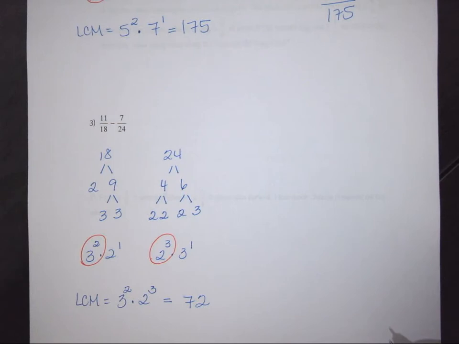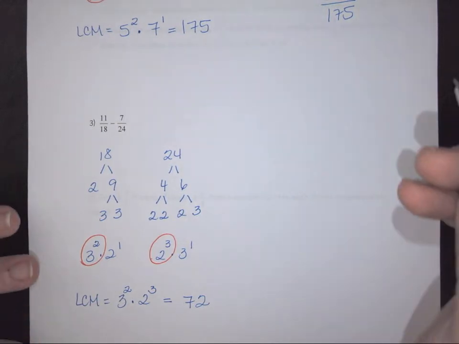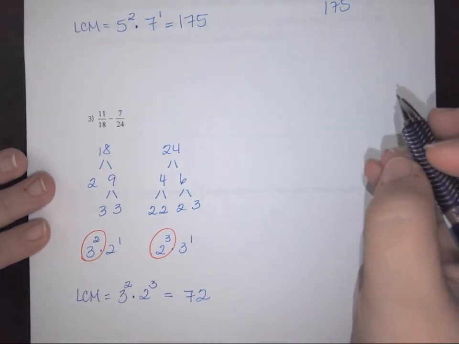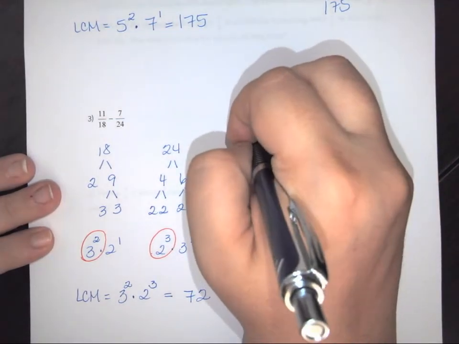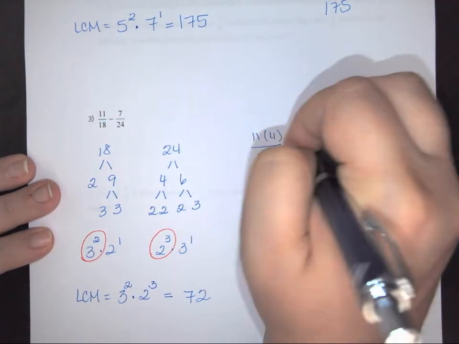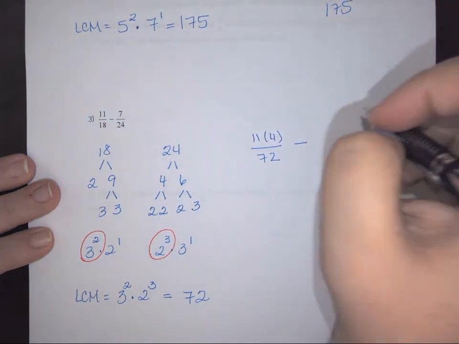So then I have to look at how do I turn 18 into 72, and how do I turn 24? So when I'm looking at 18, I multiply by 4. So this is 11 times 4 over my 72. I'm subtracting.